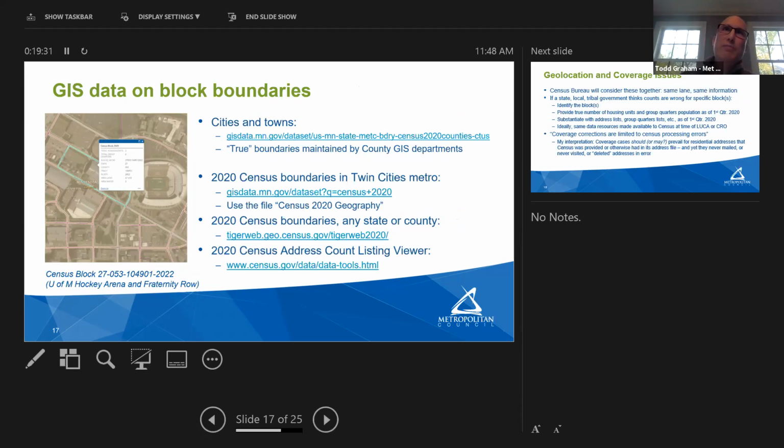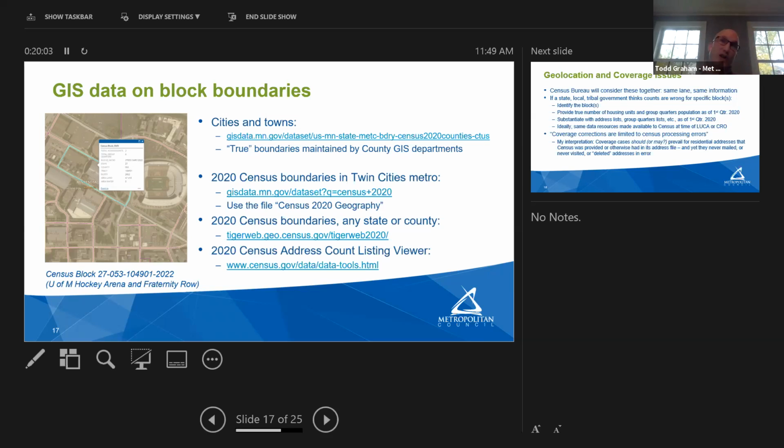Where to get data on block boundaries? Cities and towns boundaries are in MnGeo. Also, we've loaded to MnGeo the 2020 census boundaries for blocks and the 2020 census boundaries for counties and cities and so on. And finally, here are a couple other websites listed, the last two bullet points, that you can use for reference.